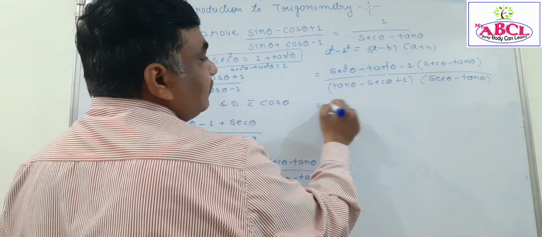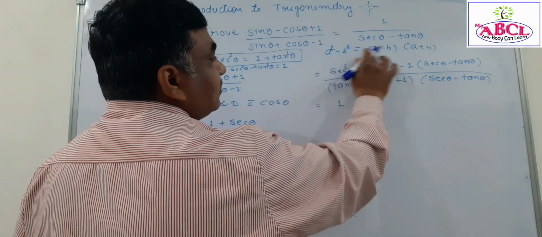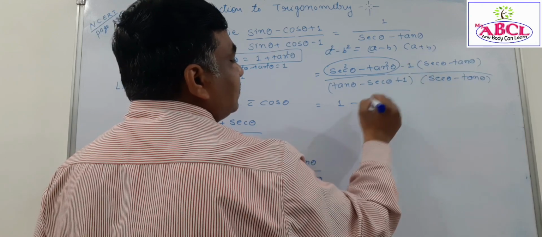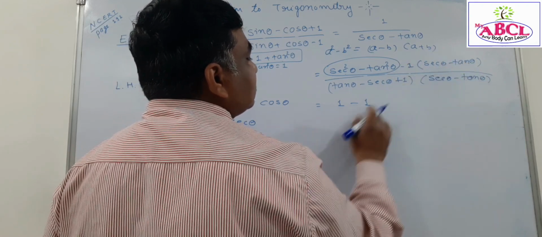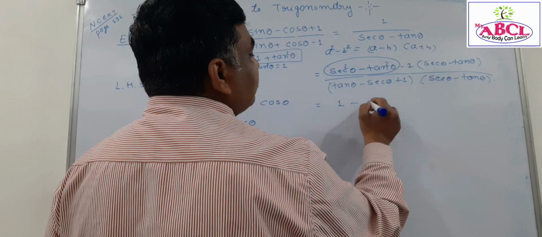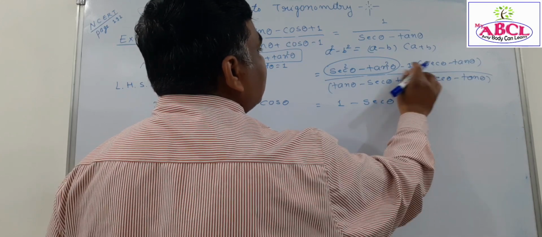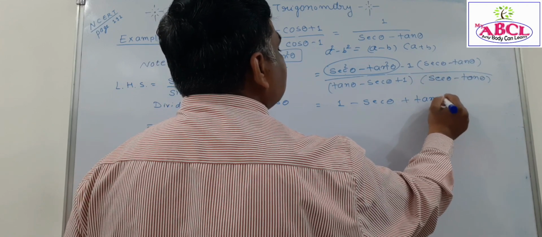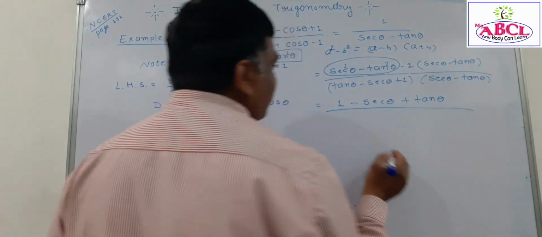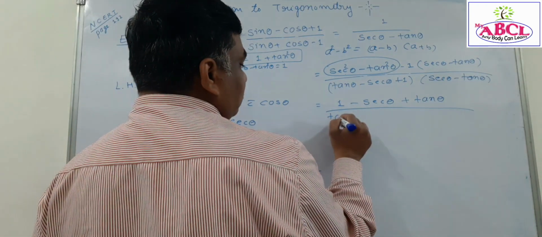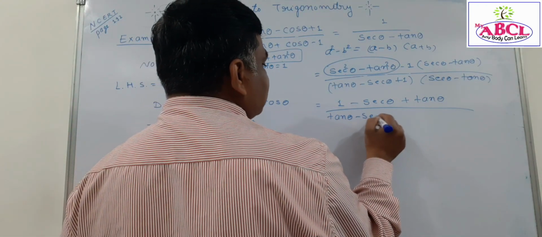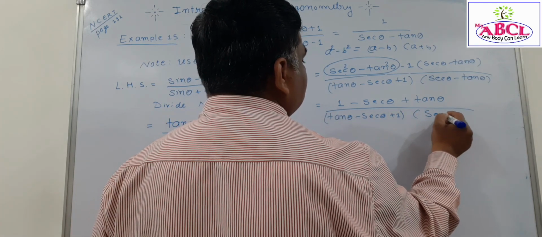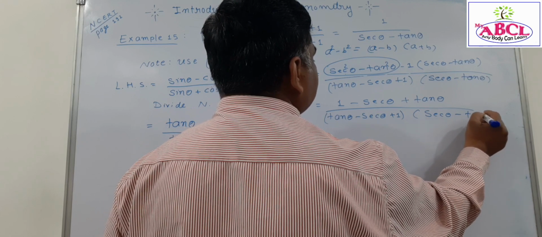So for this I put the value 1, minus 1 into, now I am going to multiply this. So 1 into sec theta, it would be minus sec theta, and minus 1 into minus tan theta, plus tan theta. And in the numerator, tan theta minus sec theta plus 1 and sec theta minus tan theta.